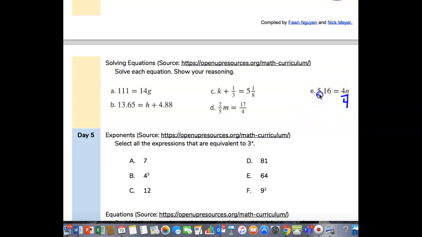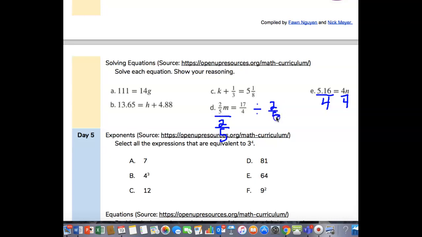So you have to divide this by 4. This next one is multiplication, so we have to solve that by dividing by 2/5. So we have to divide this side by 2/5.